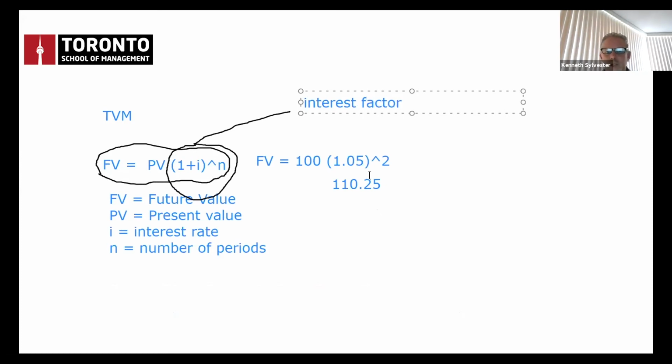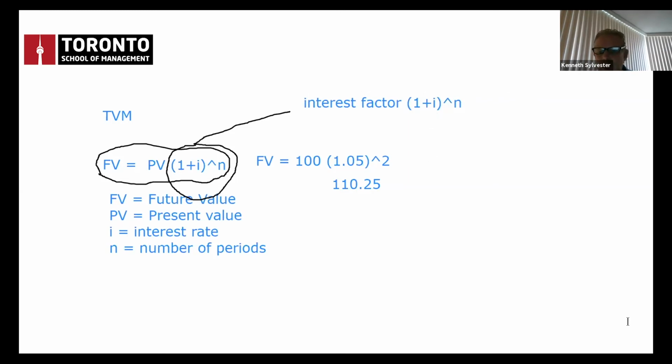The interest factor is 1 plus i, to the power of n. That's called an interest factor. Just remember that because I'm going to show it to you later.